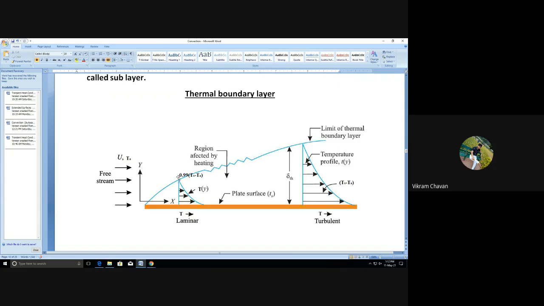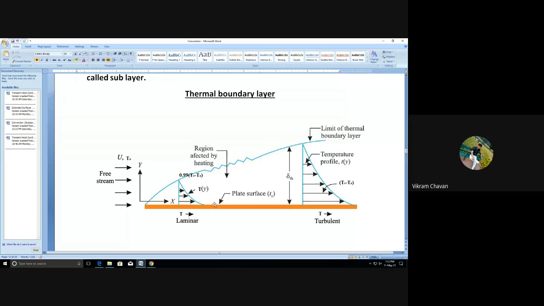As the fluid moves over this flat plate, more and more fluid will be in contact with the surface, and the plate will exchange heat with the fluid. So more and more heat will be exchanged with the fluid.